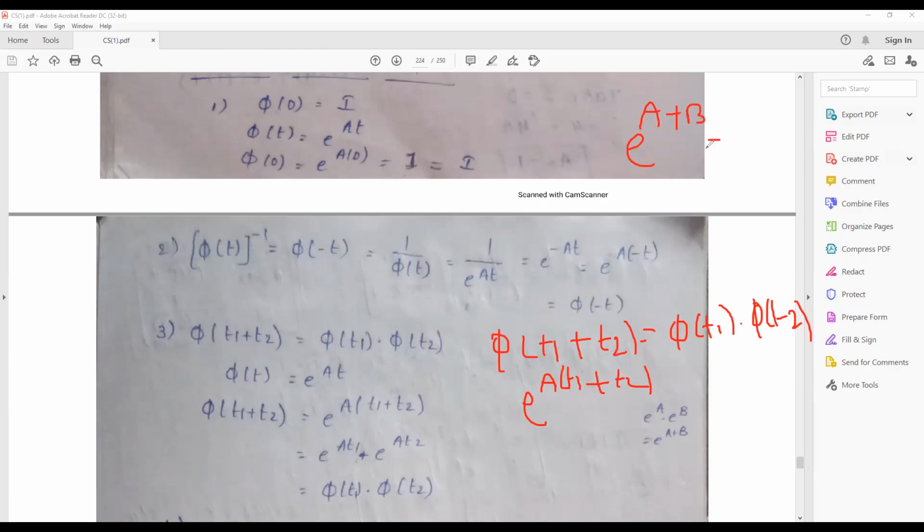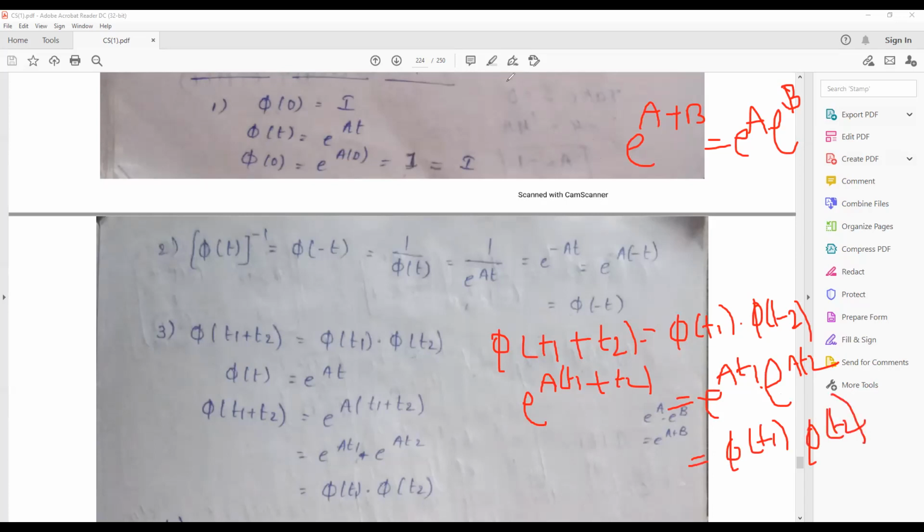What is the formula of e power a plus b? e power a into e power b. So this is e power A into t1 into e power A into t2, which is phi of t1 into phi of t2. So the third property is also proved. Phi of t1 plus t2 is equal to phi of t1 into phi of t2.